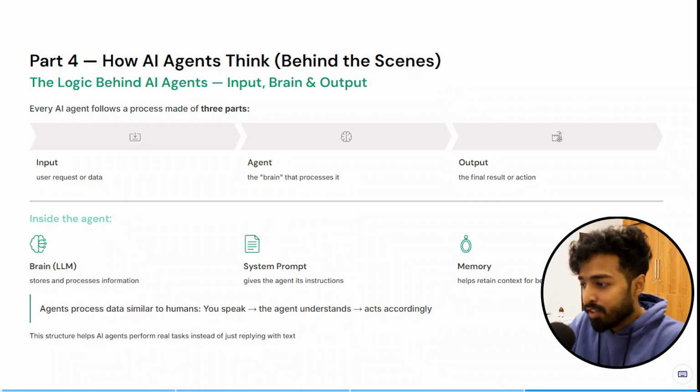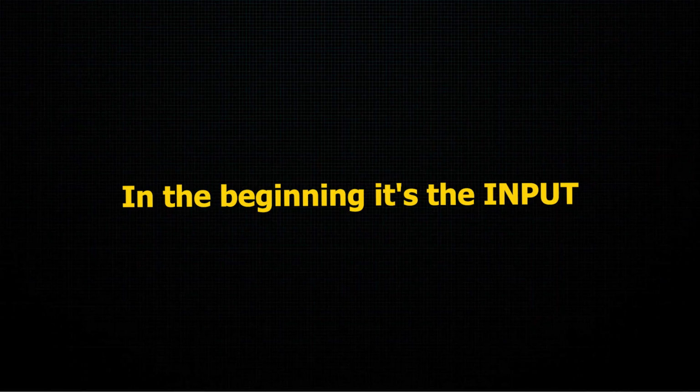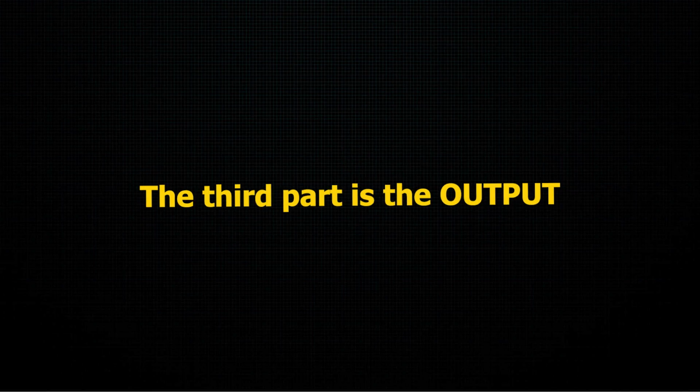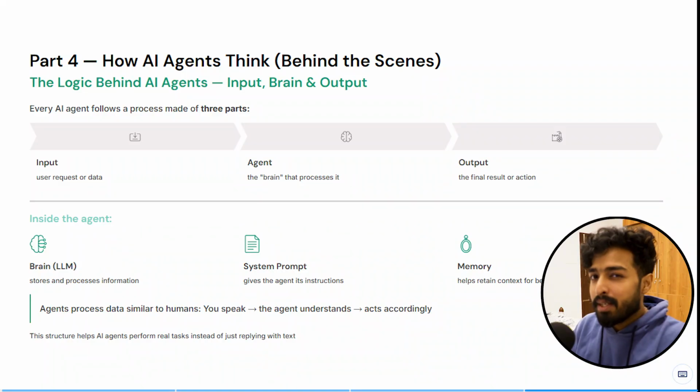Similarly, with AI agents, the process actually has three parts. In the beginning is the input, and then comes the agent in the middle, which includes the brain, memory, and instructions. And the third one is the output. That's the basic idea of how AI agents actually work.